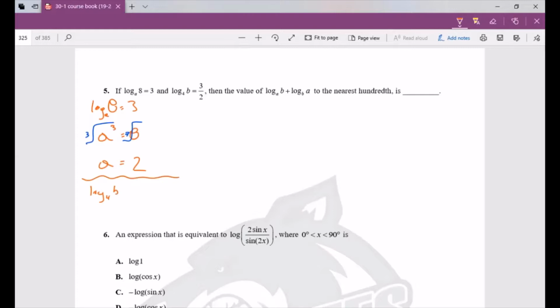Logarithm of b base 4 is 3 halves, so 4 to the 3 halves is equal to b. Whether you push in 4 to the 1.5 into your calculator, or you take the square root of 4 first and you get 2 and then you cube it, either way, b equals 8. And now we can evaluate log b base a plus log a base b.